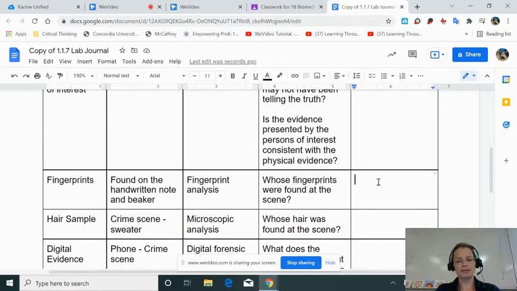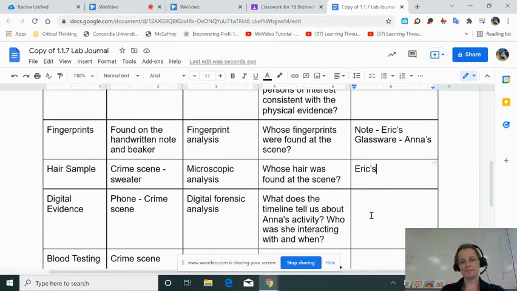Fingerprints, there was the note that had Eric's, and there was the glassware, and that was Anna's. The hair at the scene was Eric's. Remember, we looked through the microscopes, and the one from the crime scene matched Eric's.